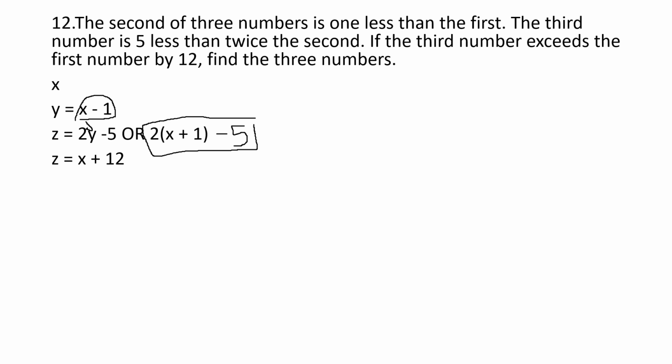Now listen, z and z are going to have the same value, which means this and this are going to have the same value, which means I could have a whole equation that says, except you've got to add this minus 5 here because apparently I forgot that. 2x plus 1 minus 5 equals x plus 12, and then just solve that for x.